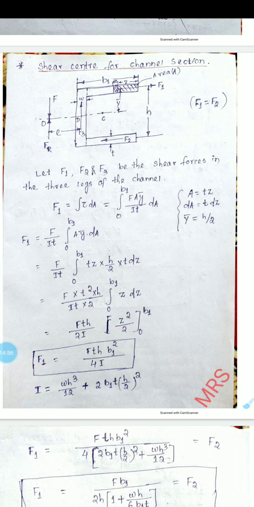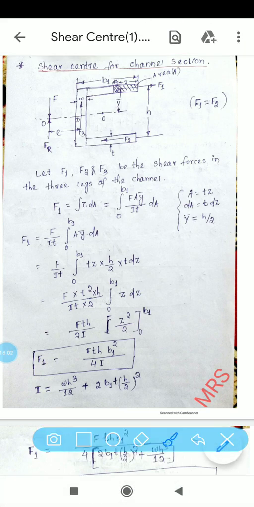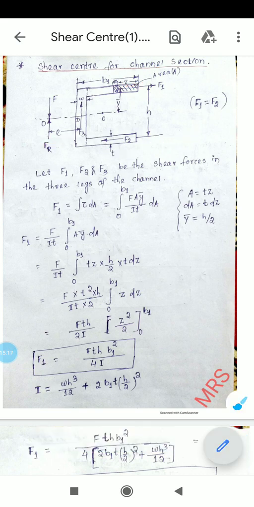Shear center for channel section. Channel section means C section. This is a diagram for the channel section. Here the upper one is the top flange, and the bottom one is the bottom flange. This is the web.